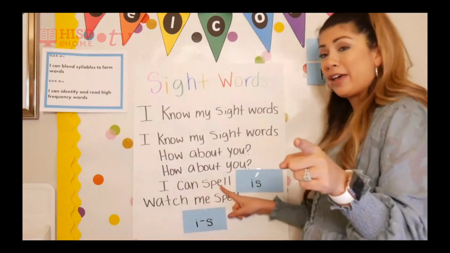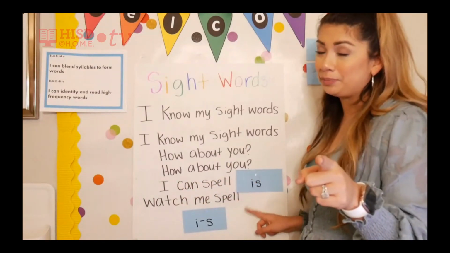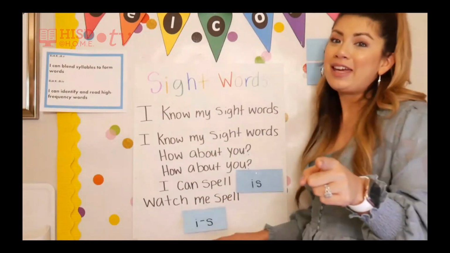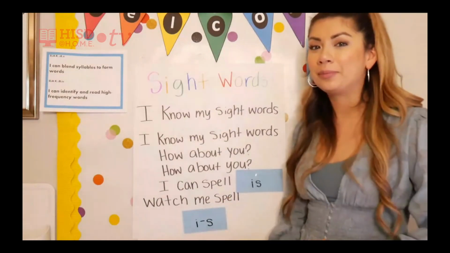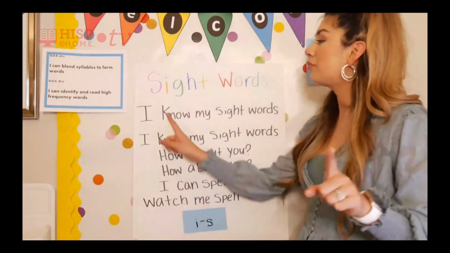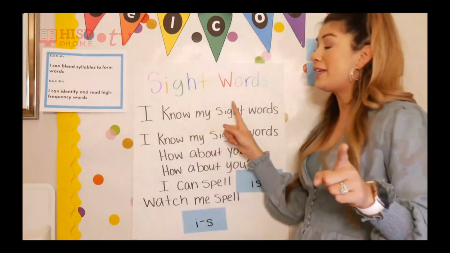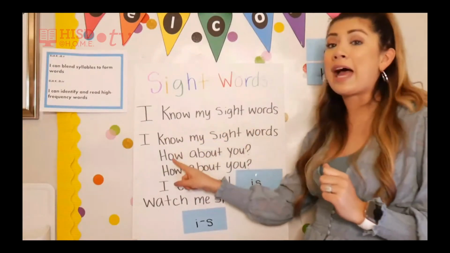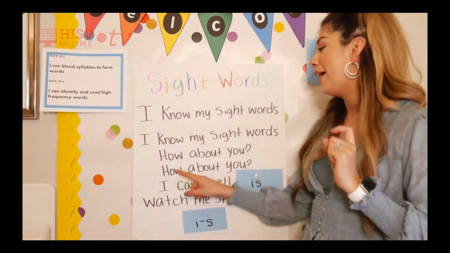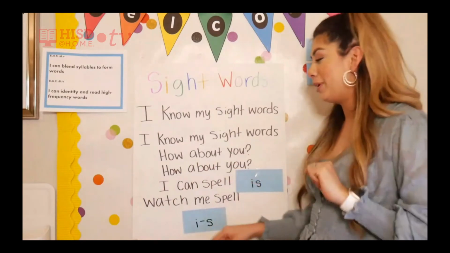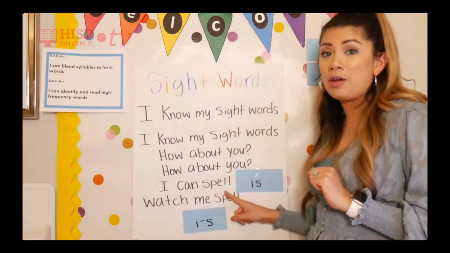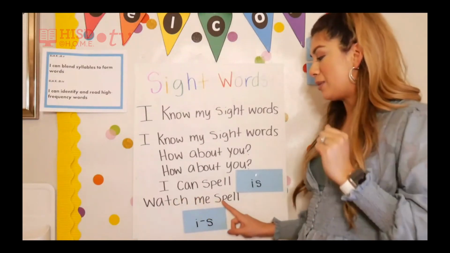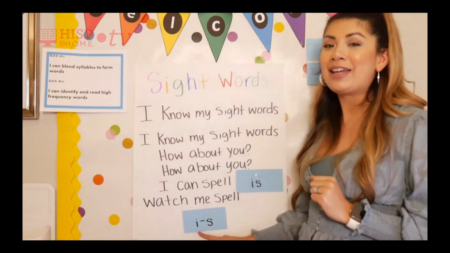I can spell is. Watch me spell. I-S. Ready? Let's go again. I know my sight words, I know my sight words. How about you? How about you? I can spell is. Watch me spell. I-S.